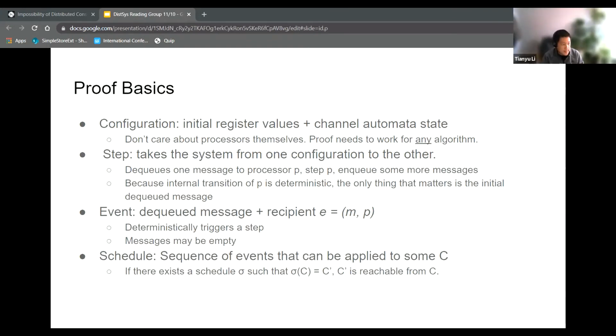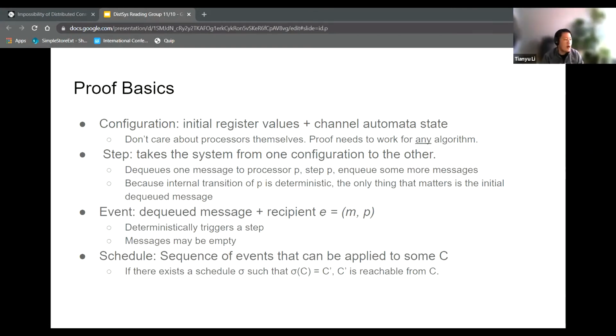A step in this system is anything that takes the system from one configuration to another. You can dequeue a message, step the processor, and then enqueue some more messages. Because the internal transition of P is deterministic in automata theory, the only thing that really matters is the initially dequeued message, which will define the entire step.